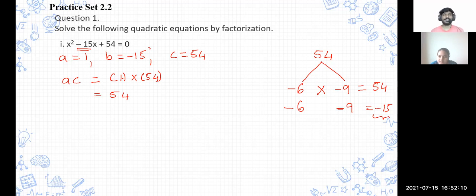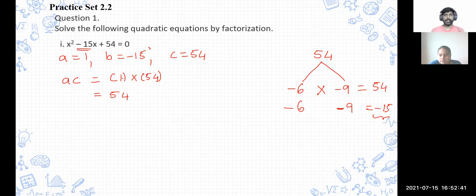And so many sums they have cancelled throughout the chapter. I guess 1/4 of the chapter they have cancelled. When I'm doing the circle chapter, just tell me again.